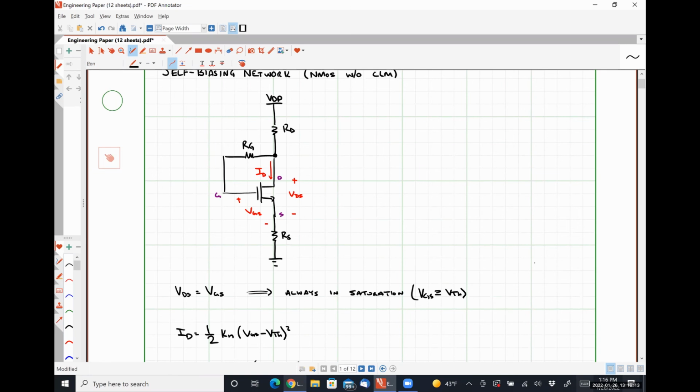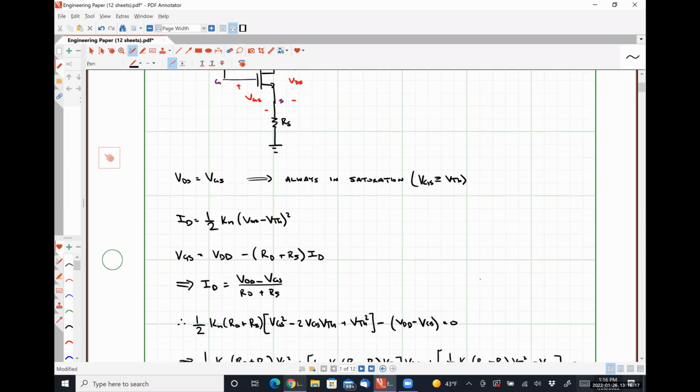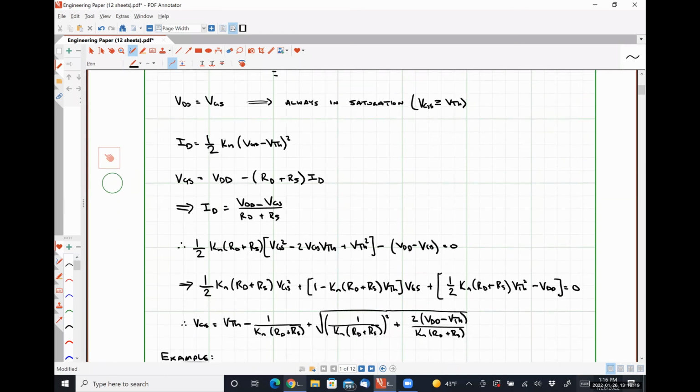We should see that we get effectively the same equation, except that all of our VTHs should have absolute values, and I believe all of our KNs should be KPs. That's it. So I'm not going to waste the effort of solving it again when it's an identical derivation.